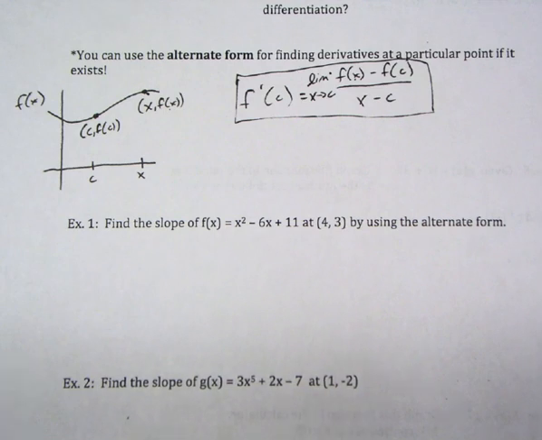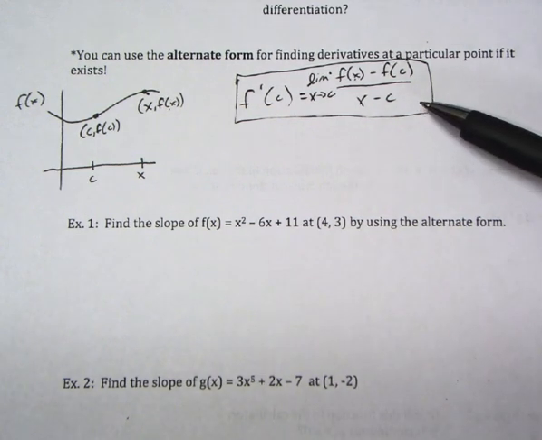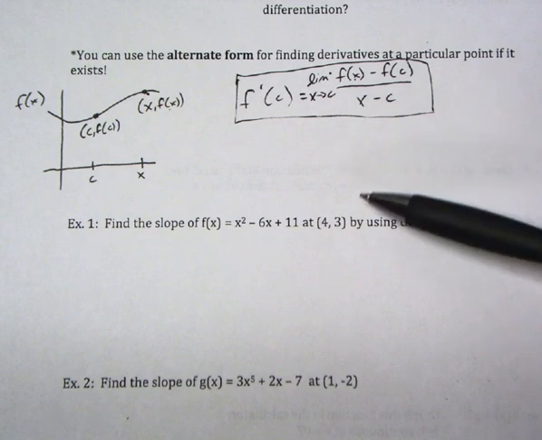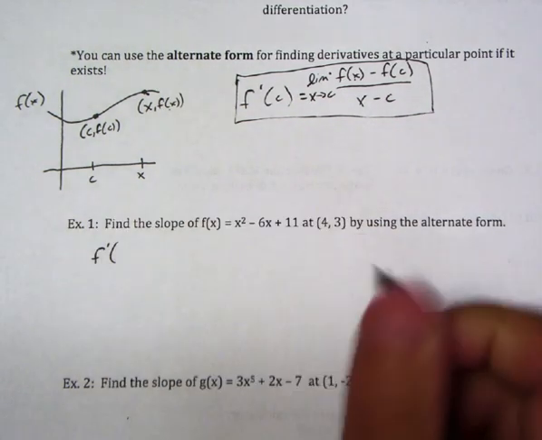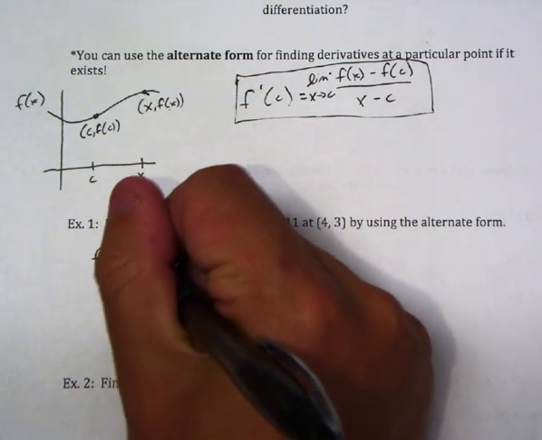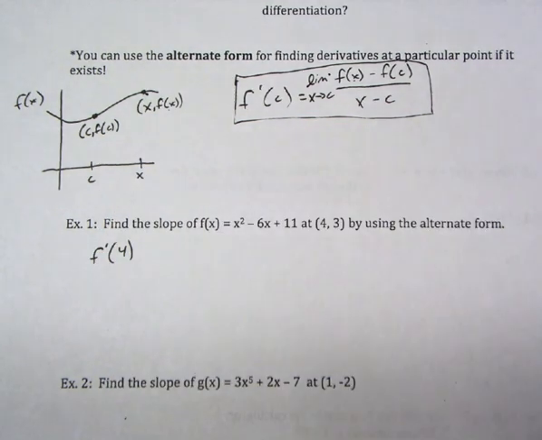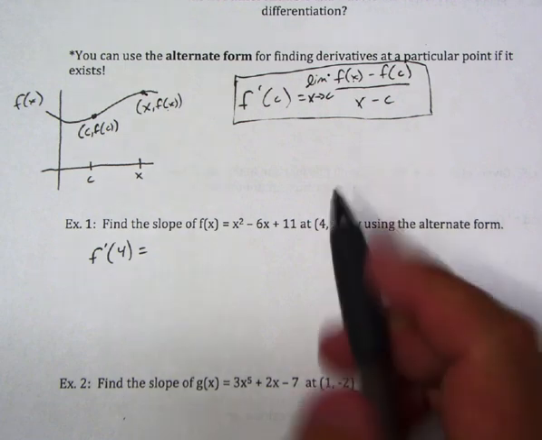So example 1, find the slope of this function at 4, 3 by using the alternate form. So I want to use this form right here. I want to find the slope of the tangent line to this function at 4, 3. So that means I want to find f prime of 4, the slope of the tangent line at 4. So we just look at how the formula gets used.